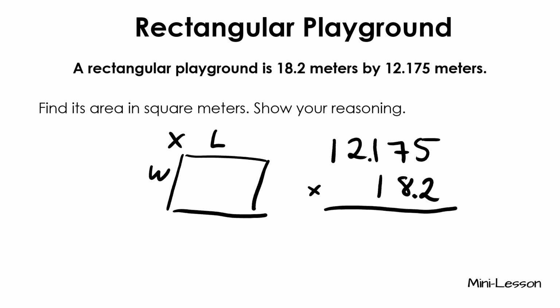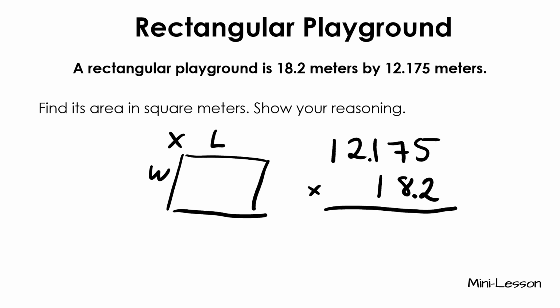We know in multiplication, we do not have to line the decimals up. So I always put the number with the fewest digits on the bottom. This means my rows are going to be as few as possible.